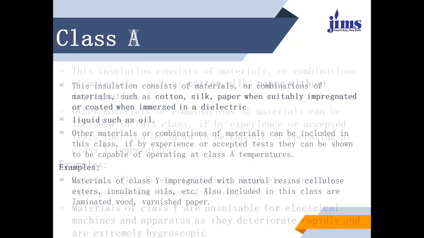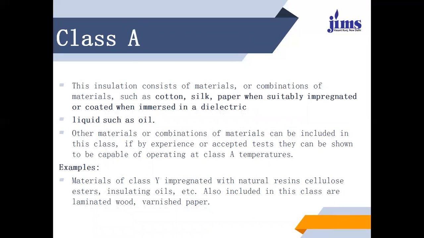Next is the class A type material. This insulation consists of materials or combinations of materials such as cotton, silk, and paper when suitably impregnated or coated, or when immersed in a dielectric liquid such as oil.